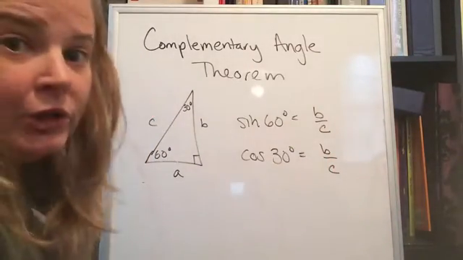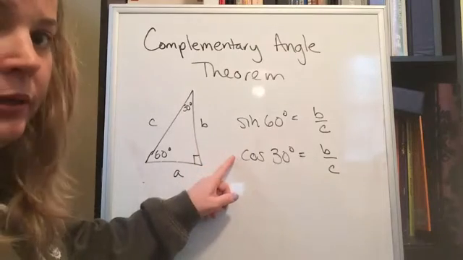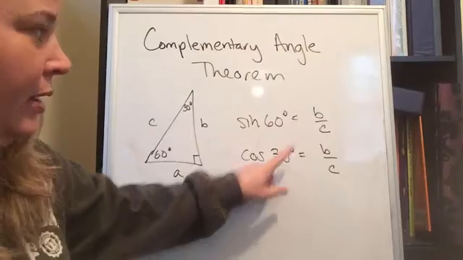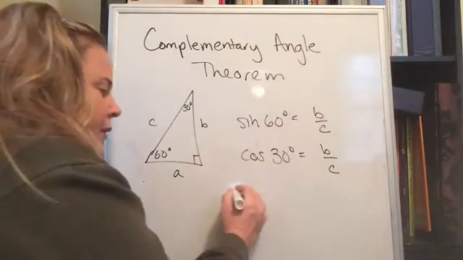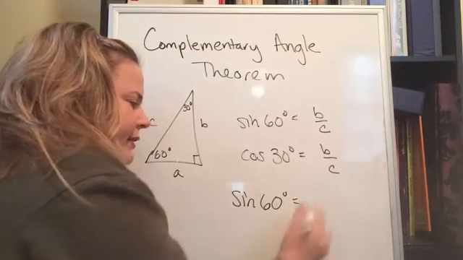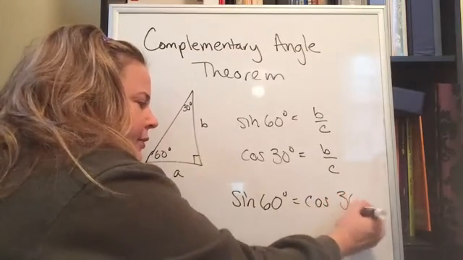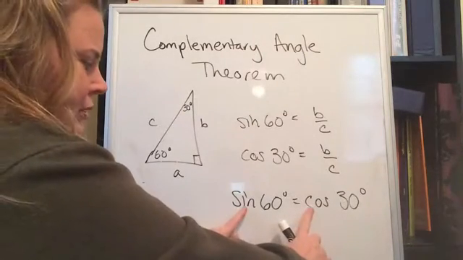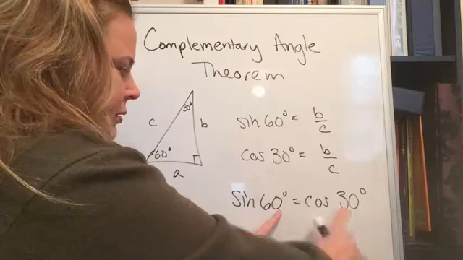So we have cofunctions, sine and cosine, of complementary angles, 60 plus 30 equals 90, that are equal to each other. Sine of 60 is equal to cosine of 30. Cofunctions of complementary angles are equal.